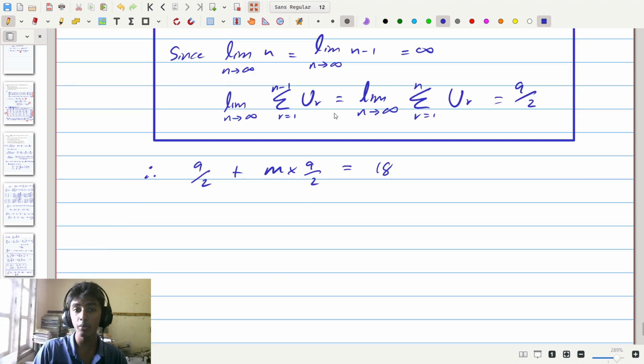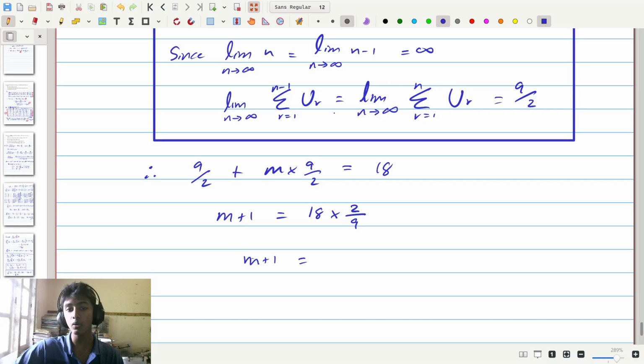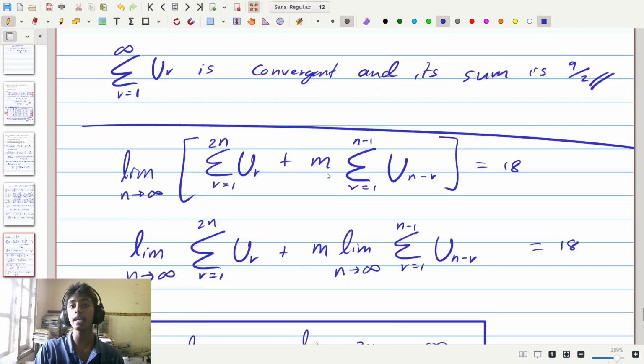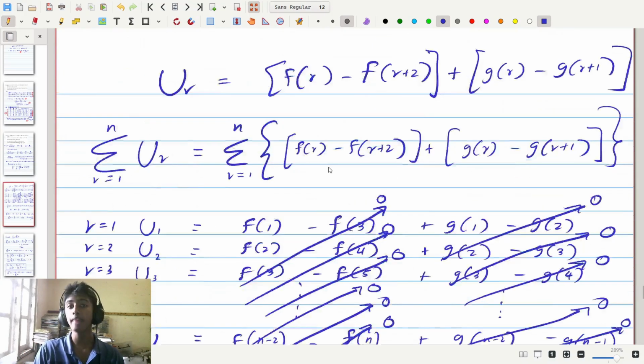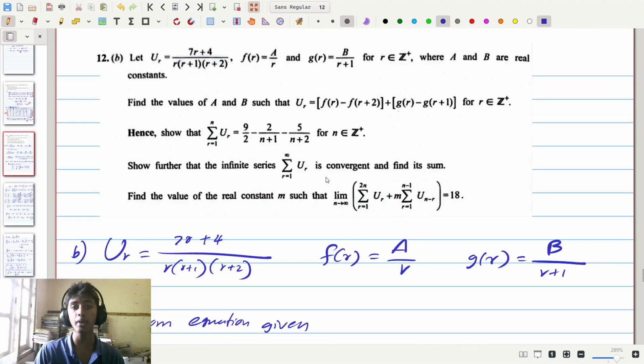Now if we divide both sides by 9 over 2, which is the same as multiplying by 2 over 9, m plus 1 is equal to, if you cancel this out, 2 times 2, which is equal to 4. And therefore, if you subtract 1, m is equal to 3. So hence, for our final answer for that component, m is equal to 3. And that is the final answer that we have to give in this question.